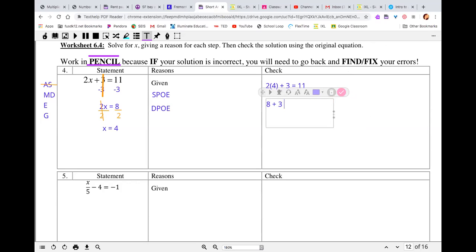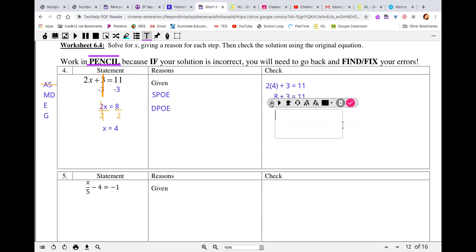I rewrite the entire problem. Okay, that's a step a lot of people skip. That's why I say it every single time. Rewrite it, write it in the same order. The only thing that has changed is the one simplified step.